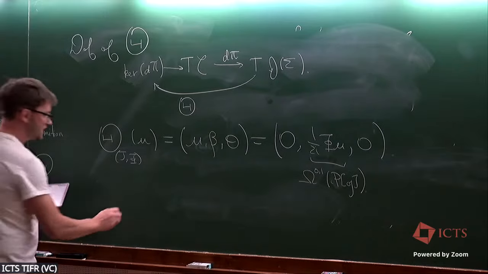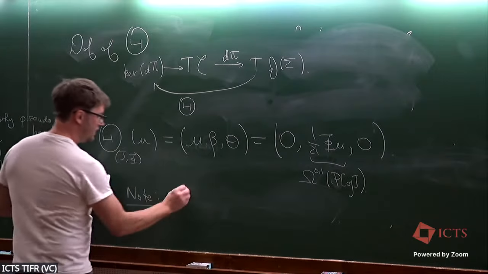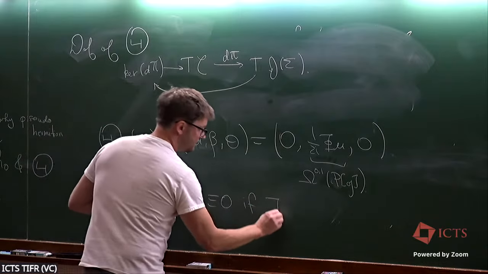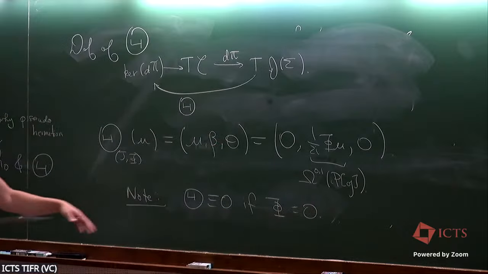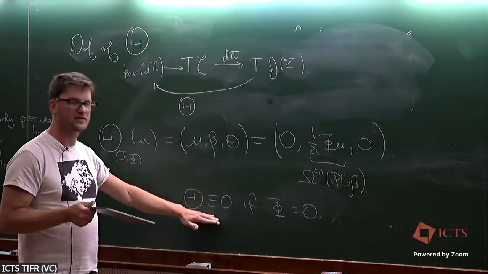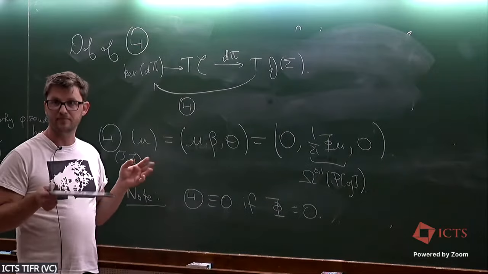Okay, so that's the definition of theta. And if you remember, theta is identically 0 if the Higgs field is 0. And the kernel of theta was related to the complex directions in this isomonodromic distribution. So if your Higgs field is identically 0, then theta is always 0, which means that your isomonodromic distribution is always complex.